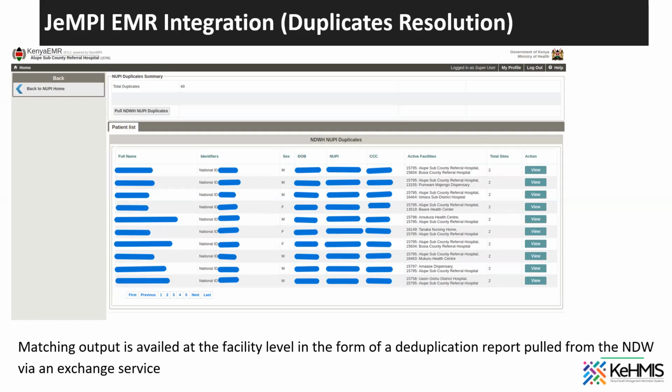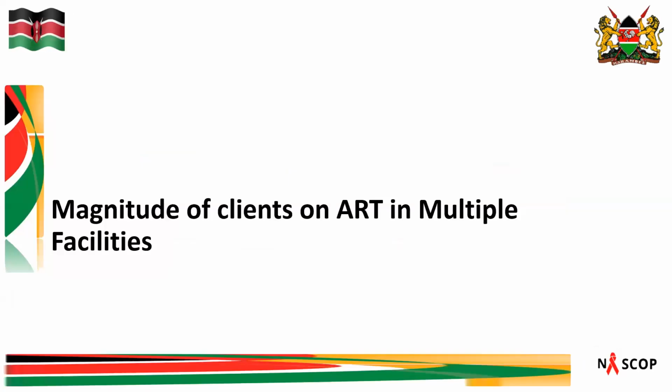After this, the clinician is able to action on this data. There are some workflows or an SOP developed that show the possible resolution options that can be carried out on these client records. From here, I will hand it over to Ann Kiwara, who can take us through the magnitude of client duplication in multiple facilities.